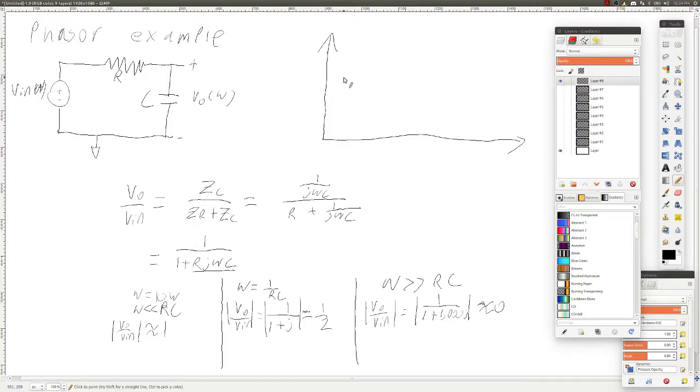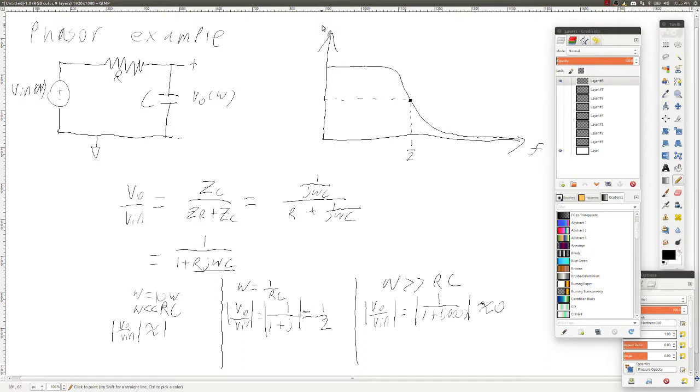It's going to look something like this. This is 1/2. This is frequency.